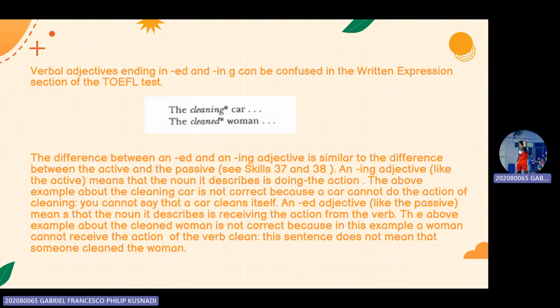The above example about the cleaning car is not correct because a car cannot do the action of cleaning. You cannot say that a car cleans itself. An ed adjective, like the passive, means that the noun described is receiving the action from the verb. The woman cannot receive the action of the verb clean. The sentence does not mean that someone cleaned the woman.